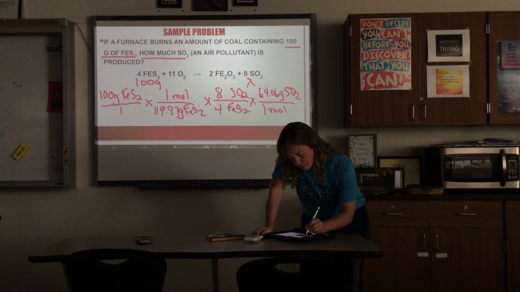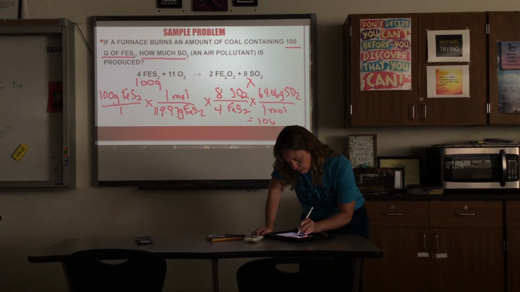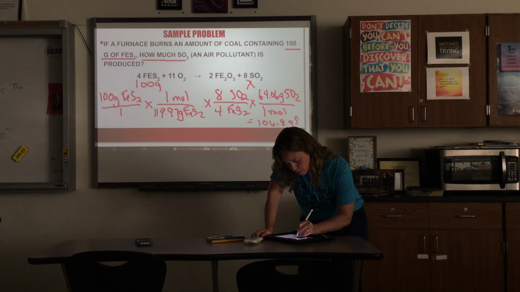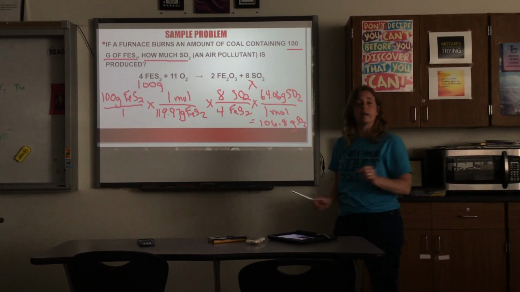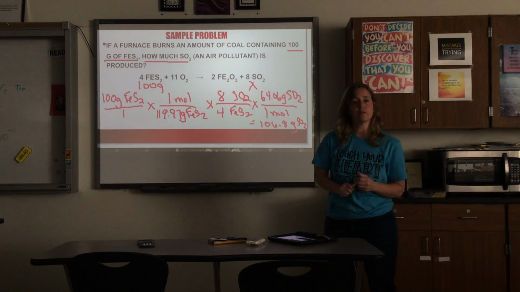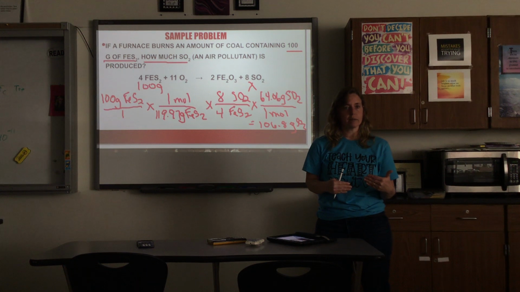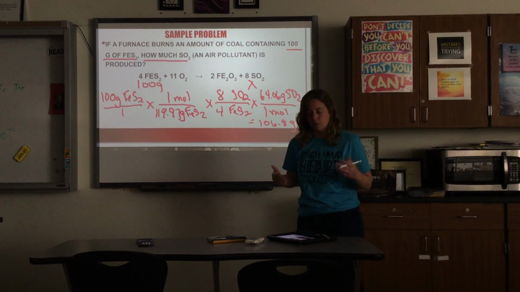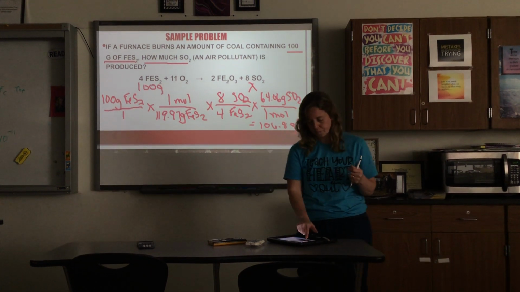So my answer, which I'll write underneath, is 106.8 grams of SO2. Go ahead and try that in your calculator. Make sure you get the right number when you multiply and divide. So that is how you do a mass calculation.